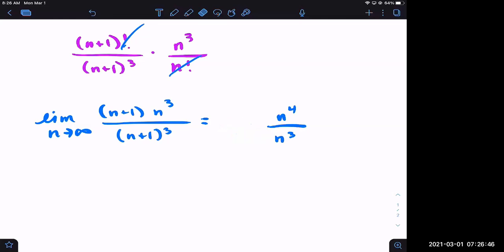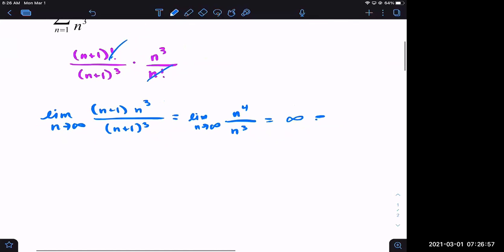If you say that limit equals n to the 4th over n cubed, that's an incorrect statement. You have to write the limit notation in front. Now the limit as n goes to infinity, that is infinity, which is not equal to 0. So therefore, well, wait, no, I'm doing ratio test. Ratio test is greater than 1, so it diverges by ratio test.